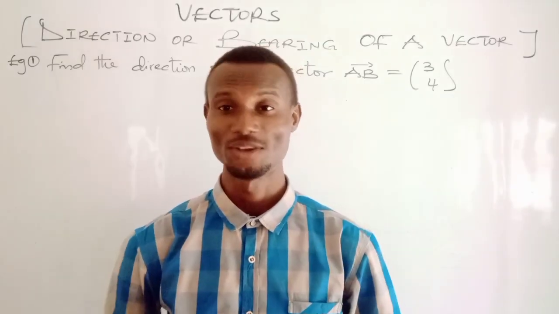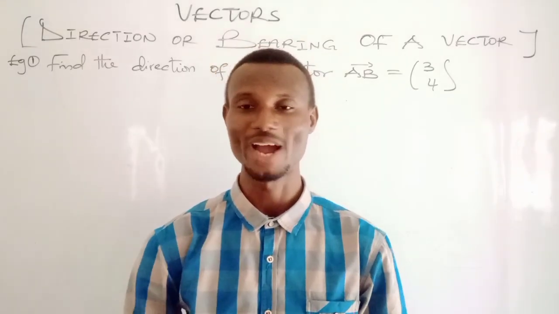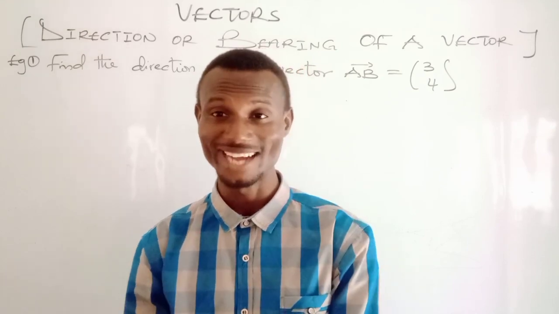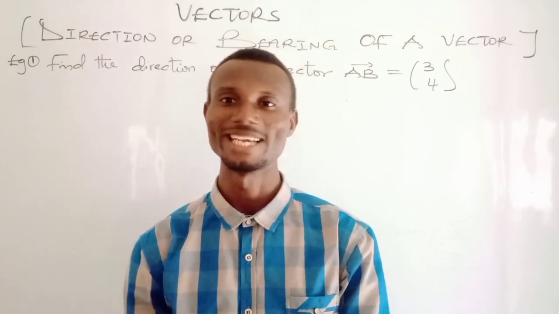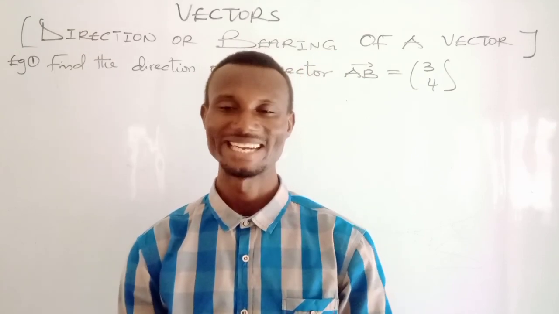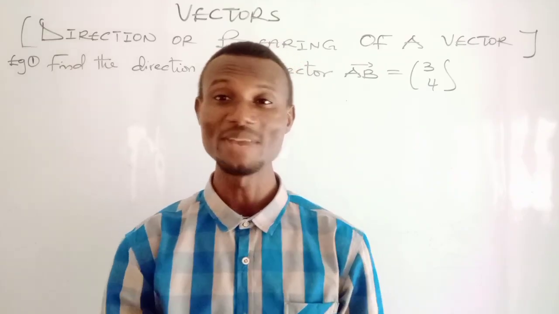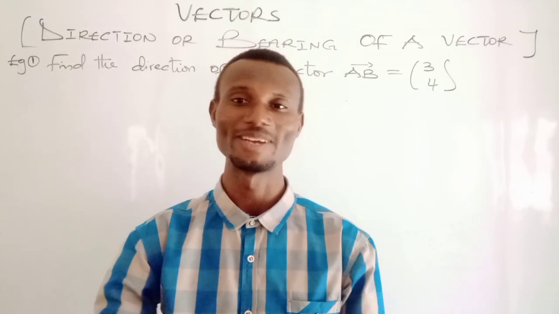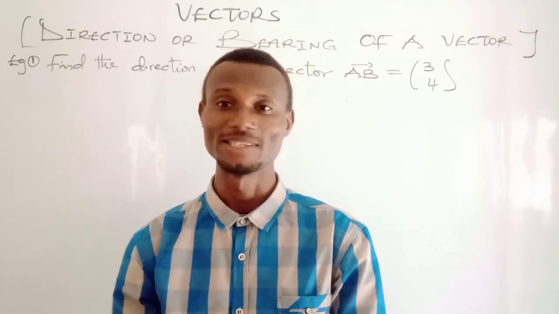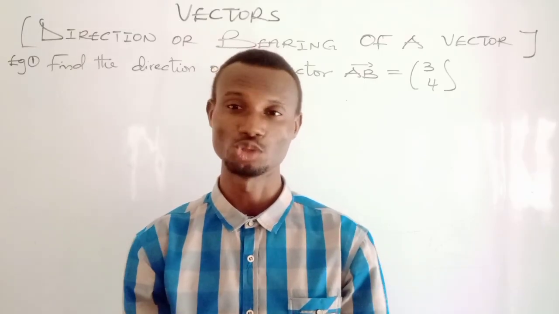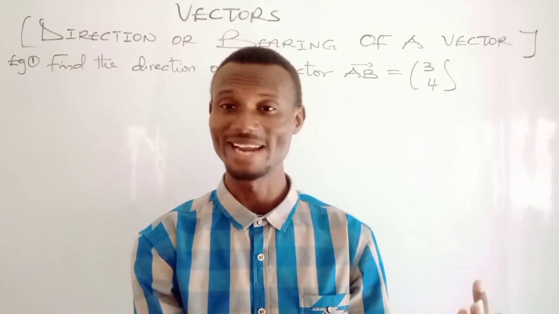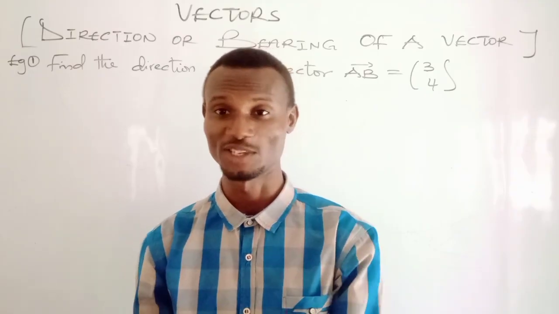Now for us to be able to find that measure of angle, it will lead us to the bearing of a vector, because the means to obtain that angle is through bearing. I hope the explanation is clear enough up to this point.